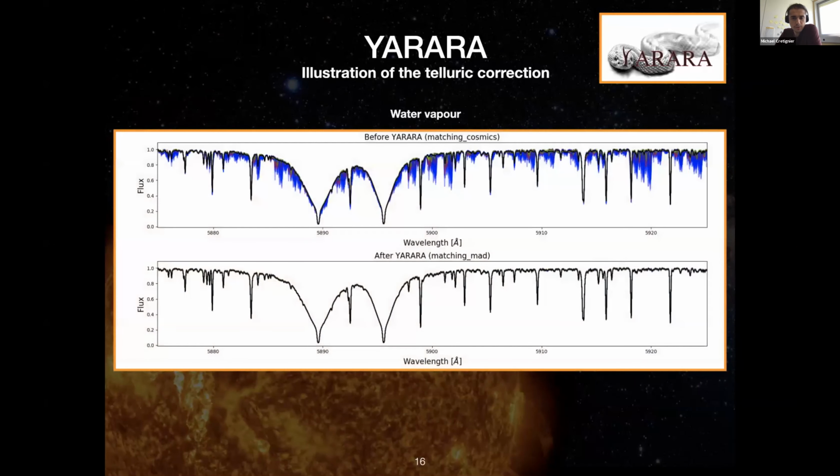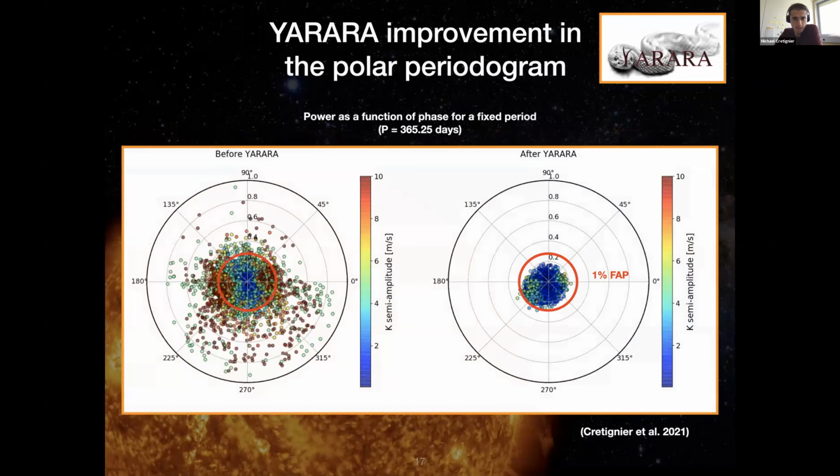Here is another illustration of the telluric correction, but in 1D. So clearly you can see that it performed quite a good job. And here is another way to represent it. What is represented here is a polar periodogram. So each dot on this image is a line-by-line radial velocity time series. And what we do is that we simply look at what is the power at 1 year for this line.